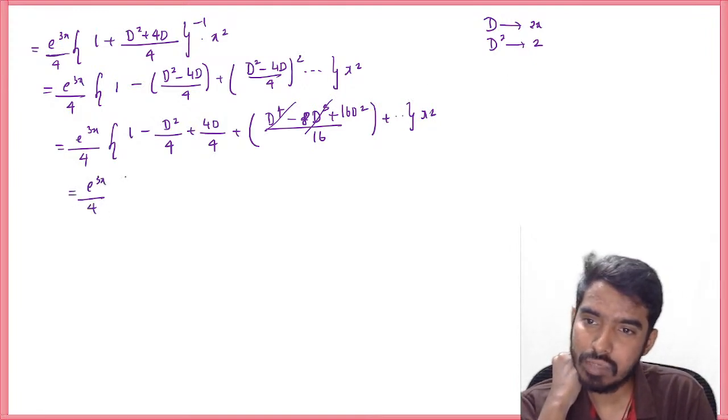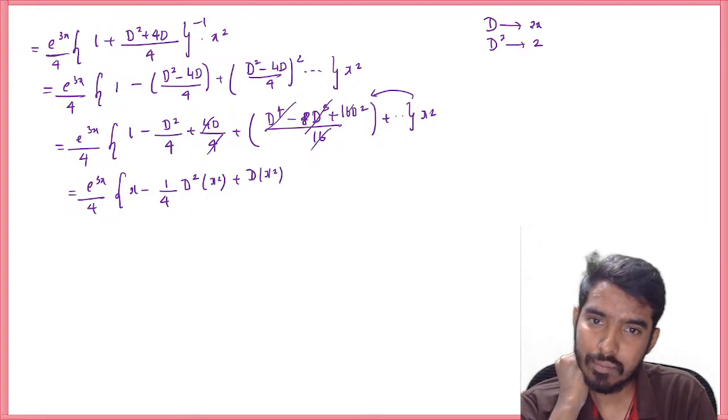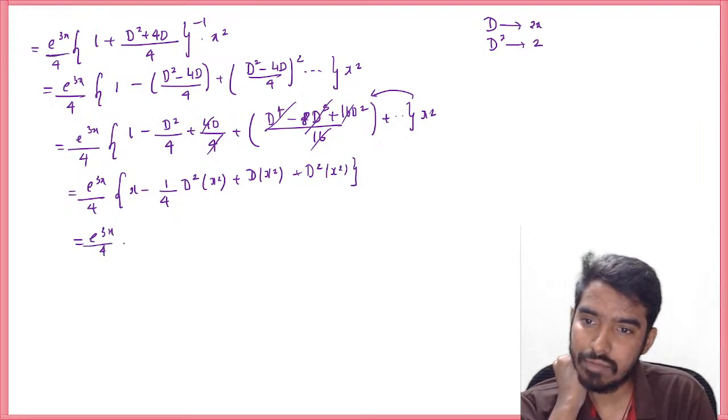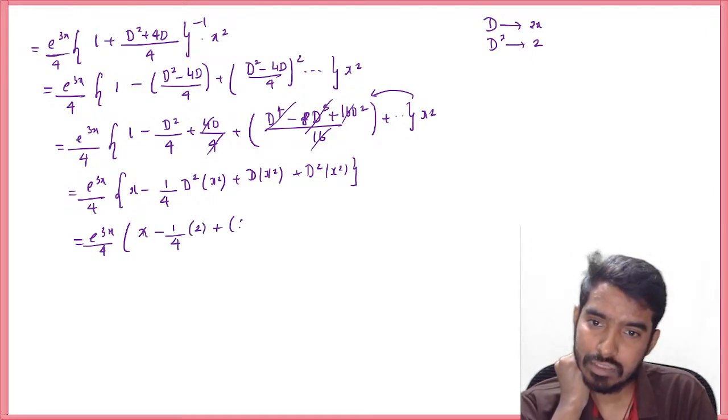So e power 3x by 4, multiply this x square inside. So x square minus 1 by 4 D square of x square plus D of x square plus D square of x square. This is e power 3x by 4, x square minus 1 by 4 into D square, which is 2, plus D of this, which is 2x, D square is 2 again.